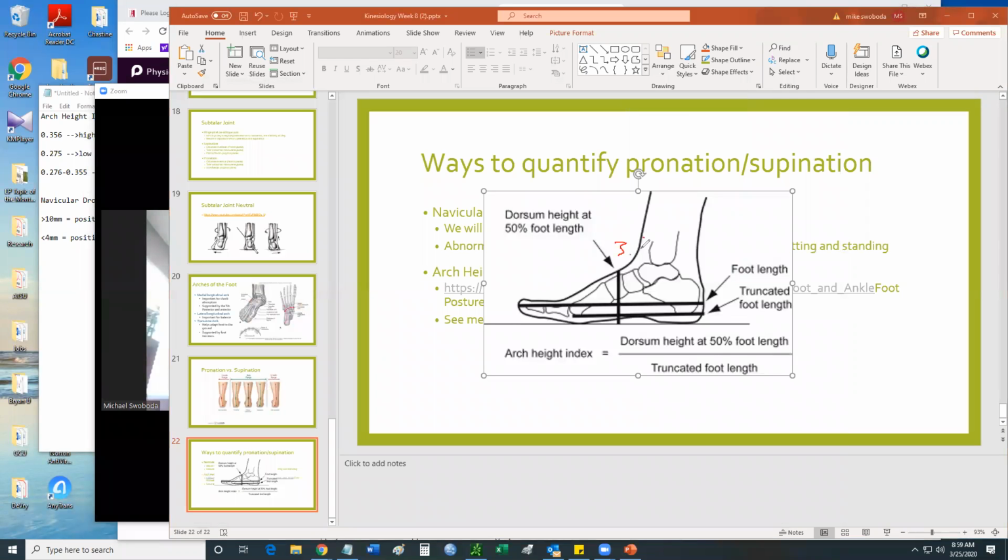So for that, we got 3.5 inches. For the truncated foot length, we got 9 inches. And all I do is divide the two.